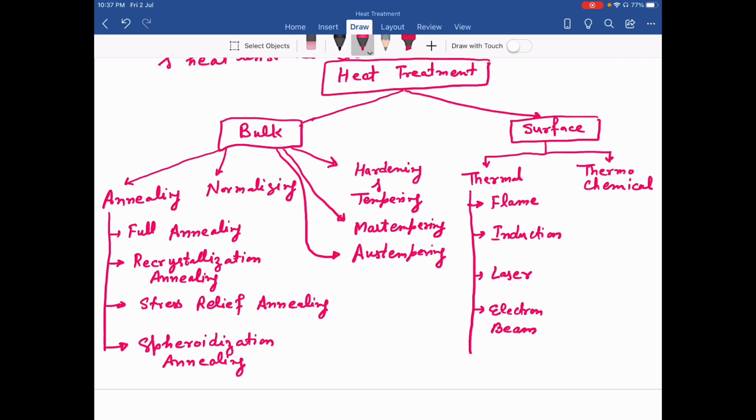So by using these processes, we can heat treat the surface of the material. So that are the thermal processes. Then thermochemical processes, these are like carburizing, one process. Another one is nitriding. Okay. And another one is carbonitriding. Okay. So such are the thermochemical surface heat treatment processes. So these are the various heat treatment processes we have.